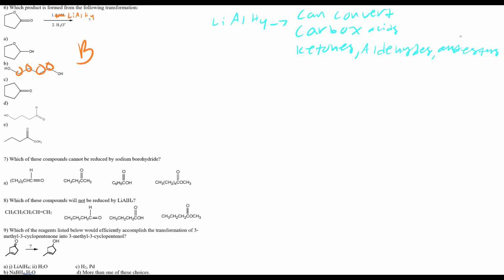So basically it can do almost everything if it has a double bond. So it can convert carboxylic acids into primary alcohols, it can make ketones into alcohols, etc. Right? If you do an acid workup afterwards.